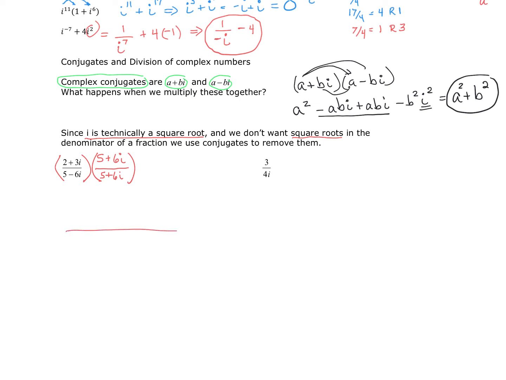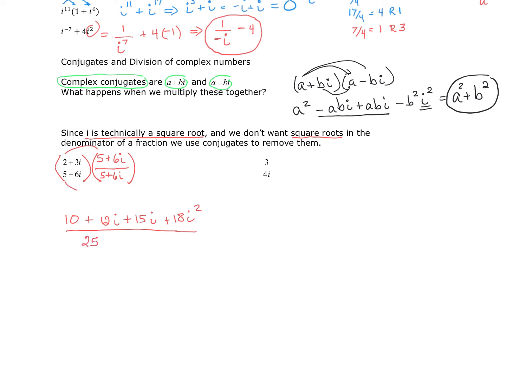So on the top, if I FOIL, I get 10 plus 12i plus 15i plus 18i squared. We'll simplify that in a moment. Try not to simplify as you go because you tend to make errors when you do that. On the bottom, I'm going to have 25.